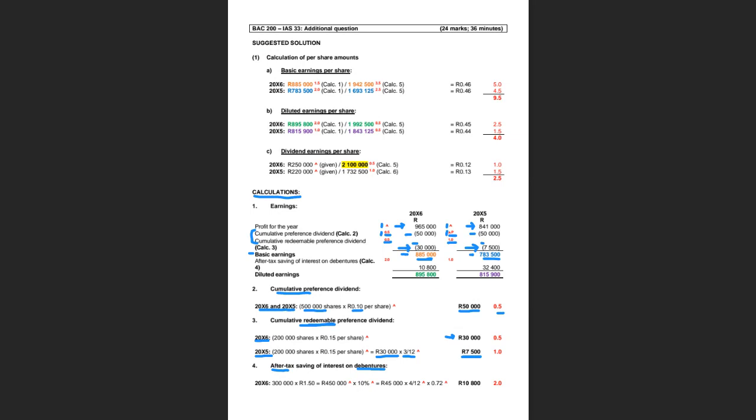This is the calculation we did: 300,000 times 150, sorry, 150,000 gave us 450,000 times the 10%, and that's the interest amount, so 45,000 of interest.